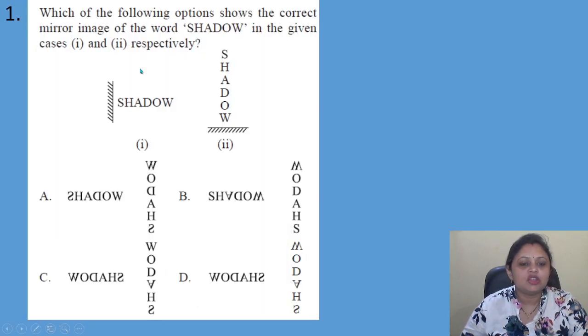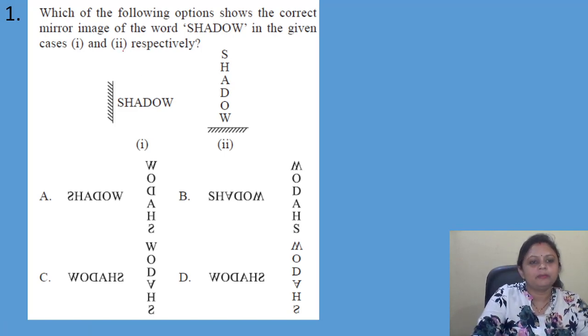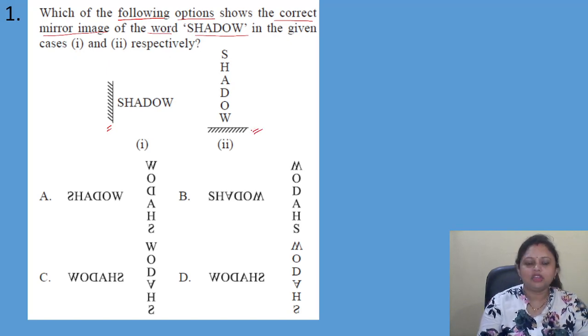Our first question: which of the following options shows the correct mirror image of the word shadow in the given cases 1 and 2 respectively? Options are given A, B, C, D. In case 1, the mirror is here, and in case 2 the mirror is here.